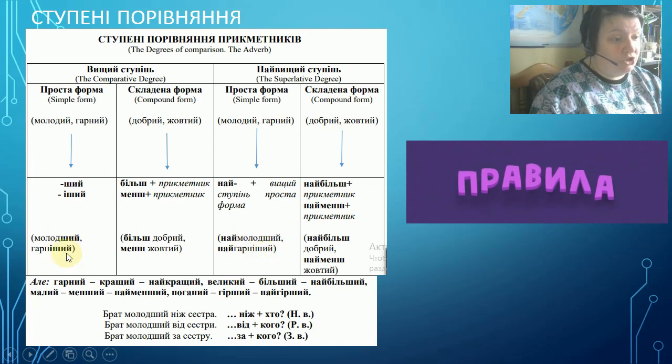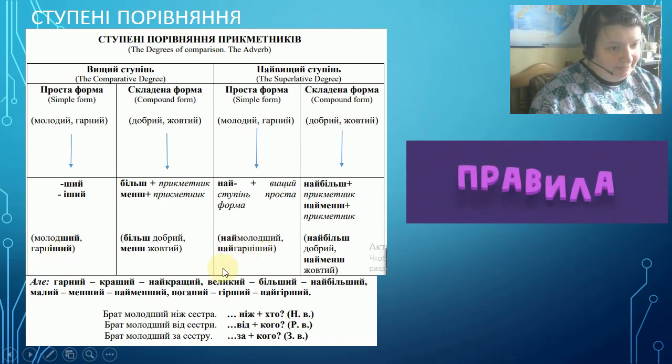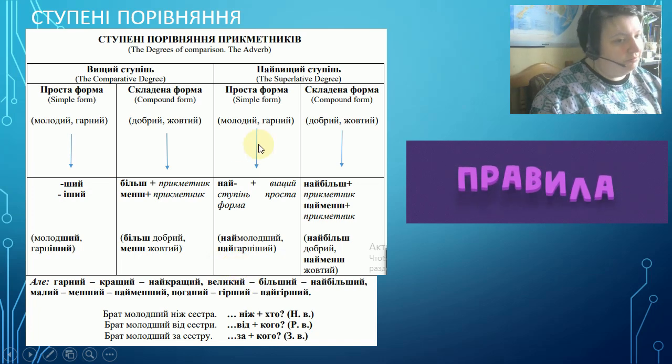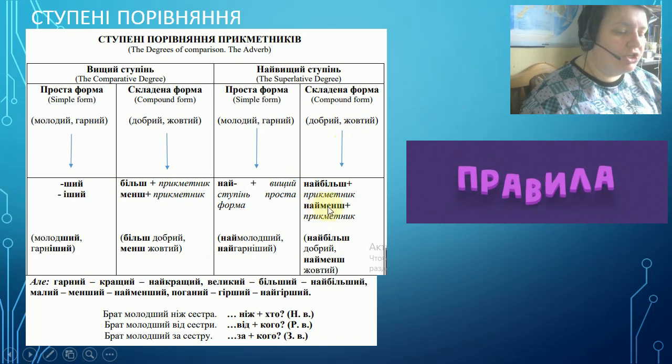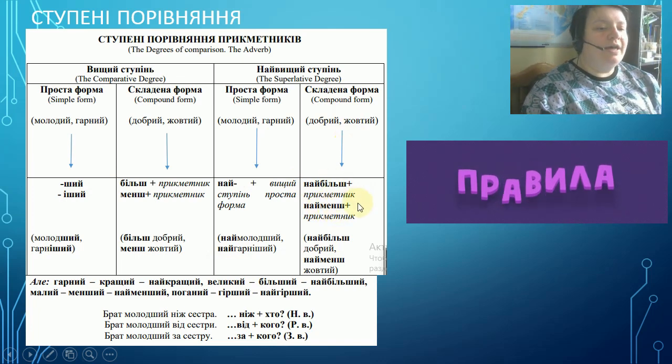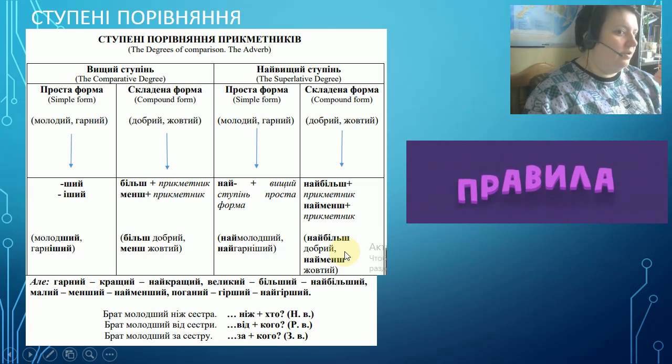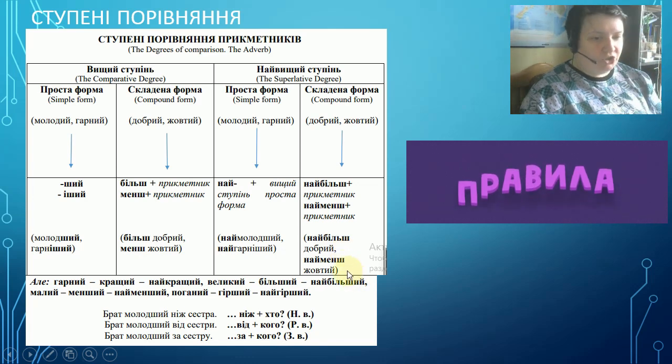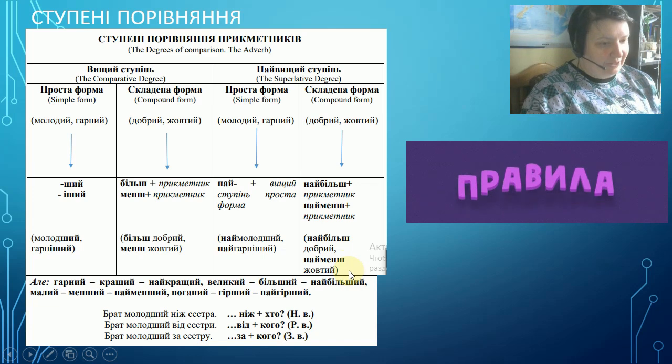We use ший, іший, and най. So, pretty easy. And compound form, we use найбільш, найменш, the most, the least. Найбільш добрий, the most kind, найменш жовтий, the least yellow.